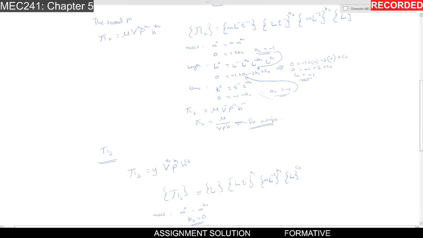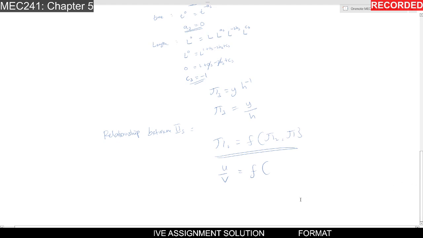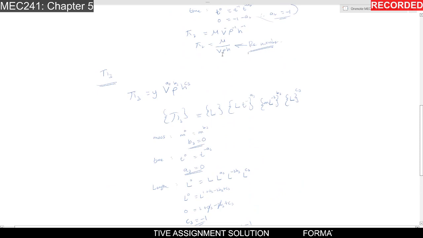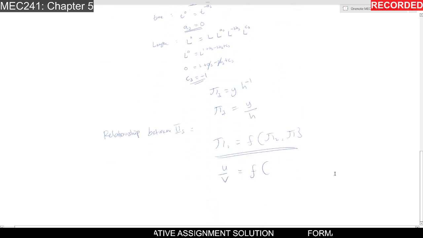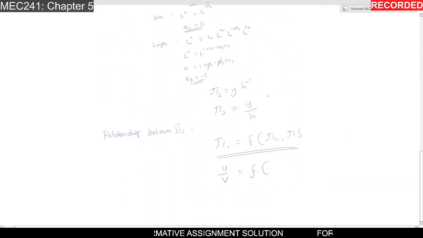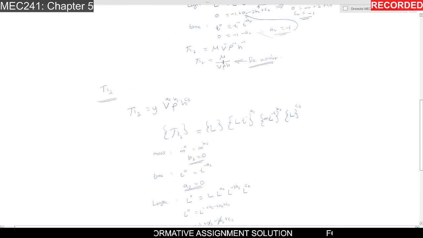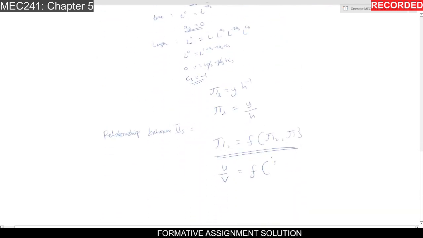Okay, so if you don't know the Reynolds number, I think you have a problem with the MEC241, right? So make sure you already know this formula. This is the Reynolds number formula. Let's say you forget that this is the equation of the Reynolds number, so you just copy down this one, mu over rho v h, and then the final pi here is y over h.